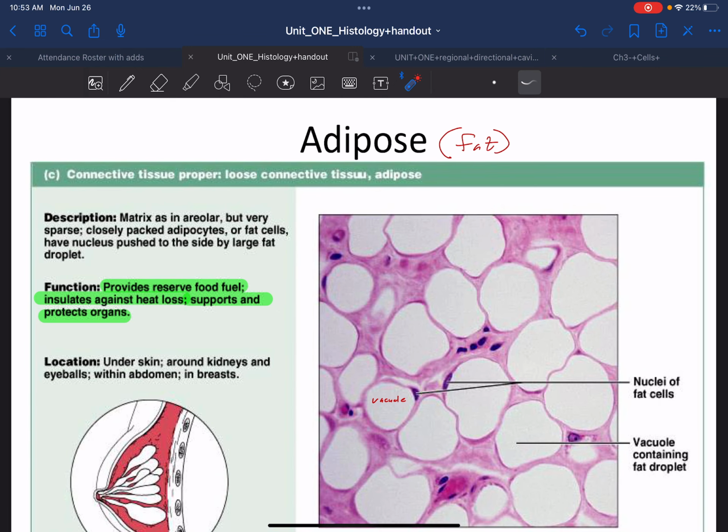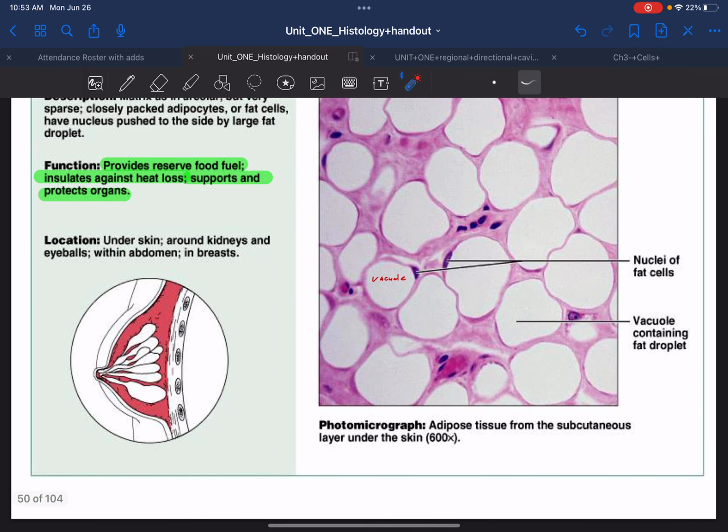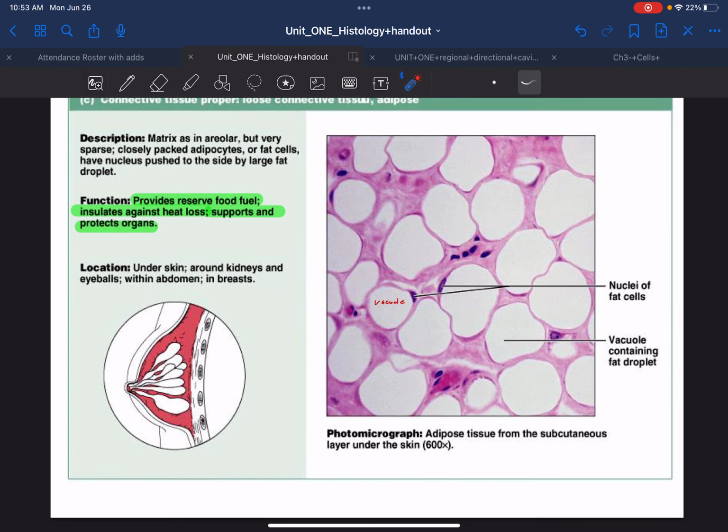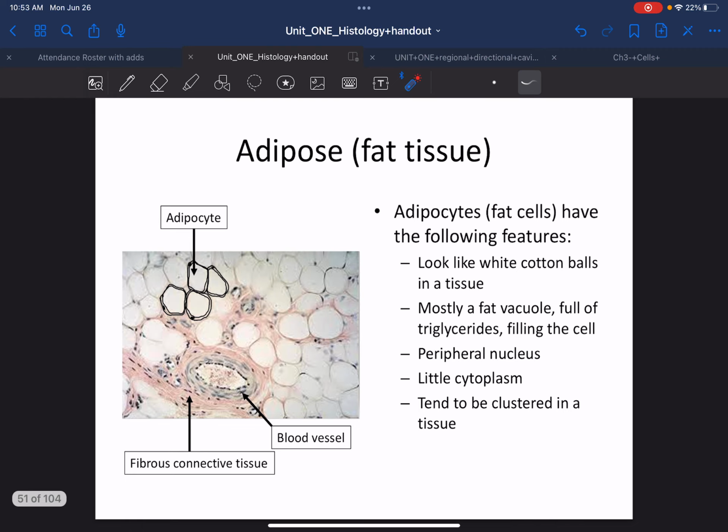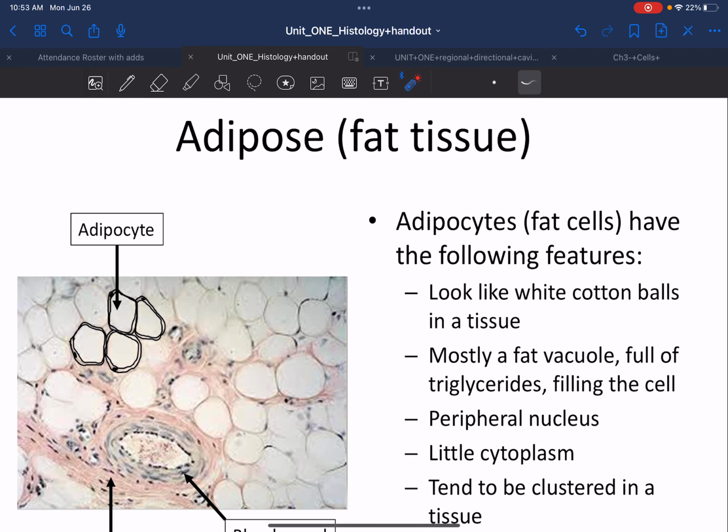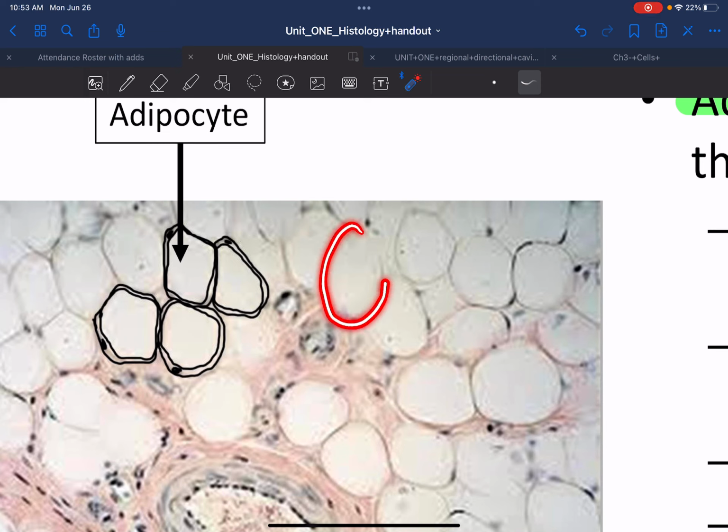And these cells have the name adipocytes. And here's our word, adipocytes. And so this is the term to describe every single one of these cells.